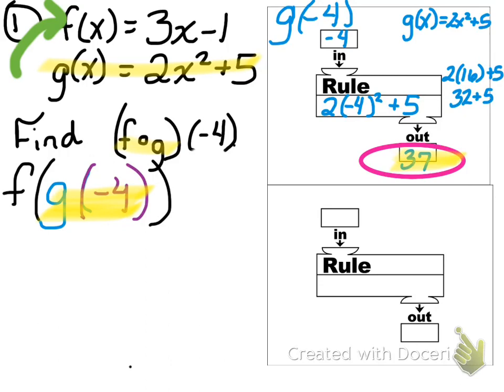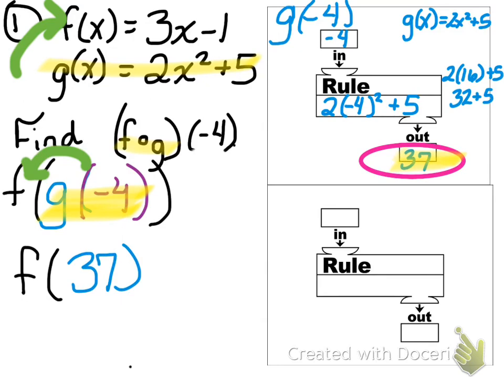So we now have f of 37, because we first had to find what g of -4 was. That's the first step of this f of g of -4. We have to find what g of -4 is before we can plug that into the f function.